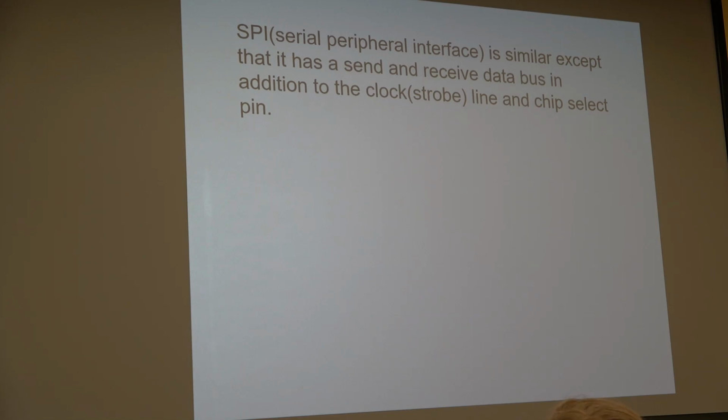The big difference between I2C and SPI, however, is with SPI, you have a talking line and a listening line. So you still got the same strobe, you still got the same addressing issue. It's just you're not putting everything on one data line. So you got to send and receive one.